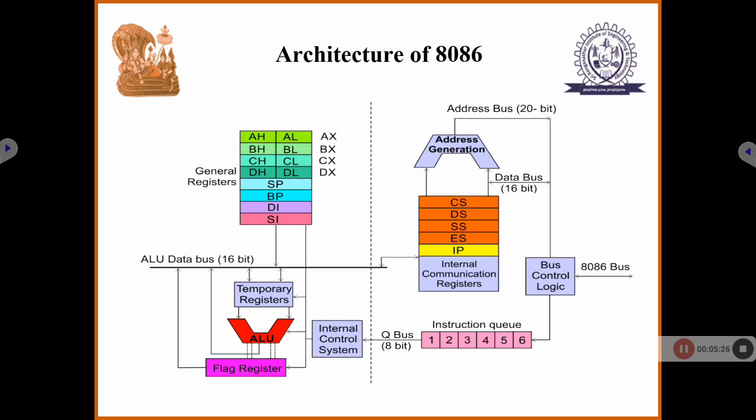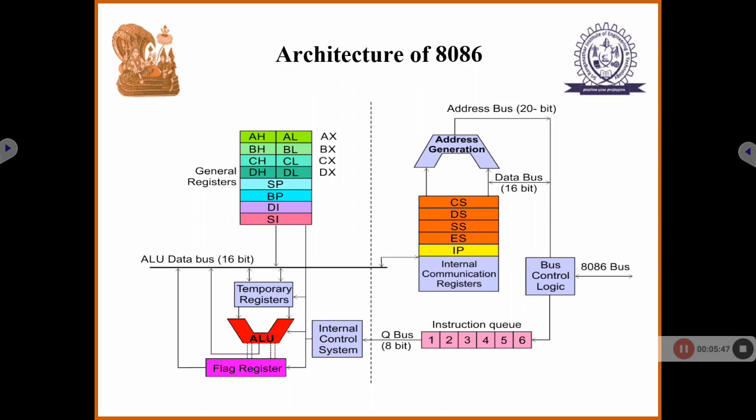So we clearly define the address of the next instruction it has to branch to. That is loaded in the instruction pointer. We are dividing our memory into 4 segments, so corresponding to that, 4 segment registers are there.